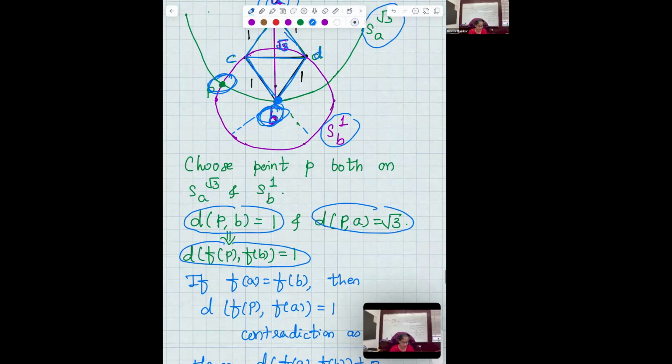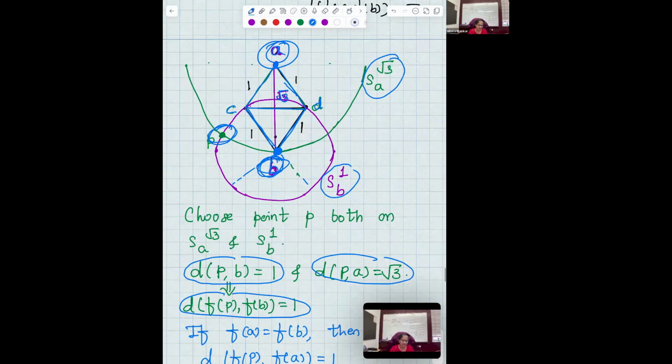Now, what we want to say is that the distance between f of A and f of B is square root of 3. If not, then they have to collapse the triangles there.